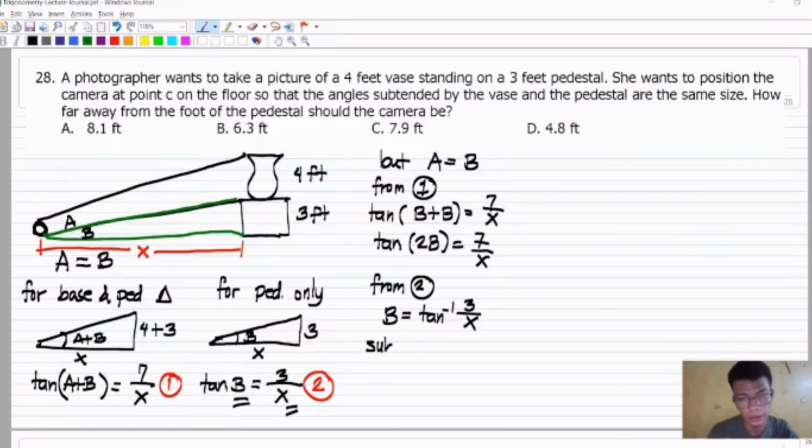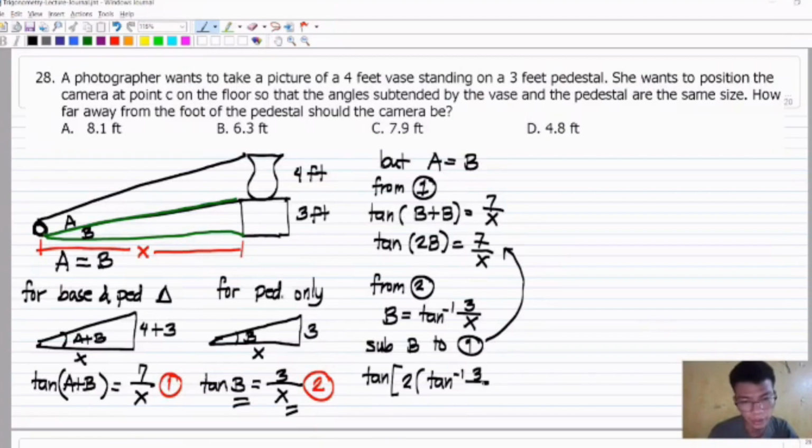So sub natin yung B to 1. So ang nakuha natin B is substitute natin dito. So that will become tangent 2. And yung B ay magiging malaking parenthesis na may laman na arctangent of 3 over x, diba? And equal to 7 over x.